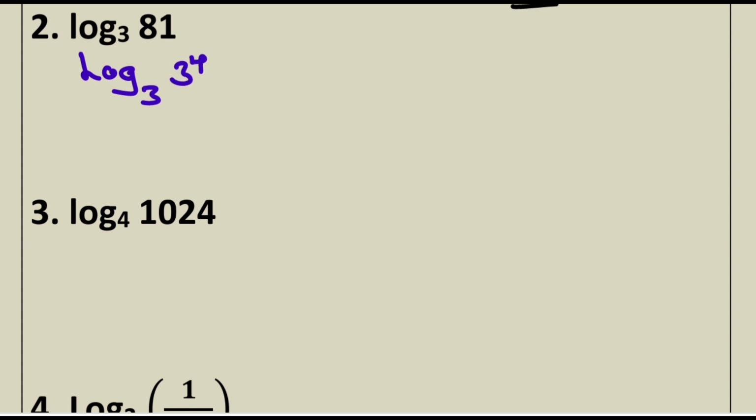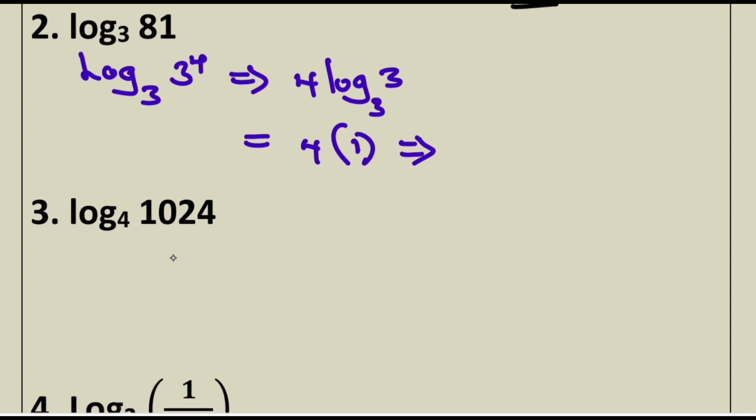Then we are going to drop this power 4. We shall have that this one is equivalent to 4 log 3 base 3. And we know that log of a when the base is a is equivalent to 1. So this one will be equivalent to 4 by log 3 base 3, which is equal to 1. So the final answer is equal to 4.